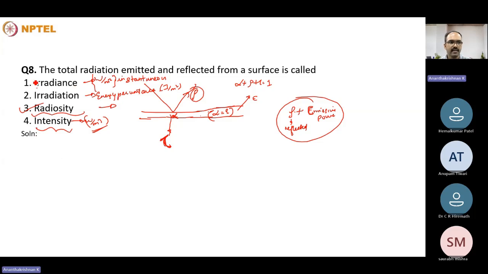So basically, the first two quantities can be slightly tricky: irradiance and irradiation. Irradiance is an instantaneous quantity in terms of watt per meter squared, and irradiation is averaged out over a period in terms of joule per meter squared. The answer to this problem is radiosity. It's the total radiation emitted and reflected from a surface.